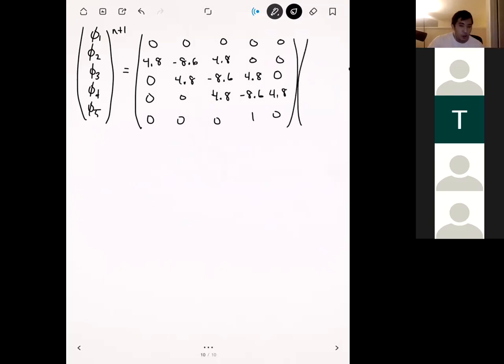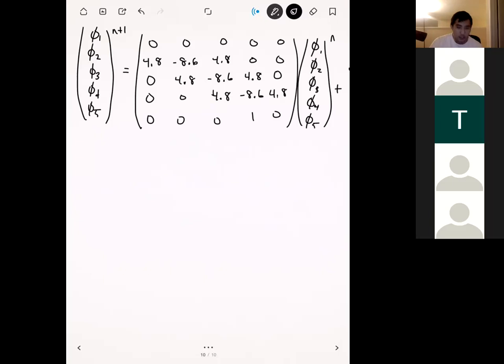Right, so there's our coefficient matrix, and then we're going to multiply by the phi values at time equal to n, so that's phi 1 through 5 evaluated at n. And then to this we're going to add those extra terms.